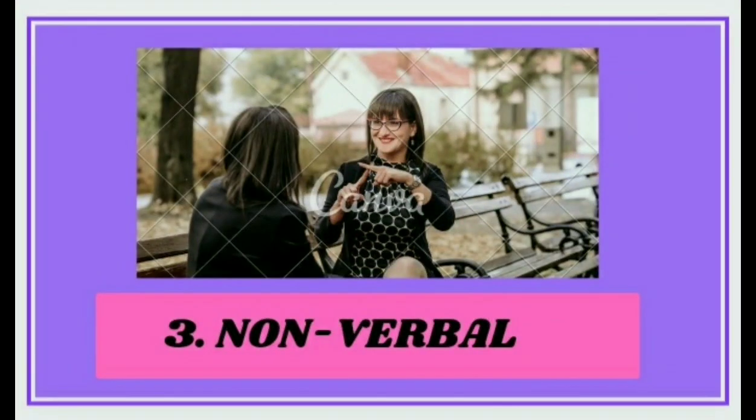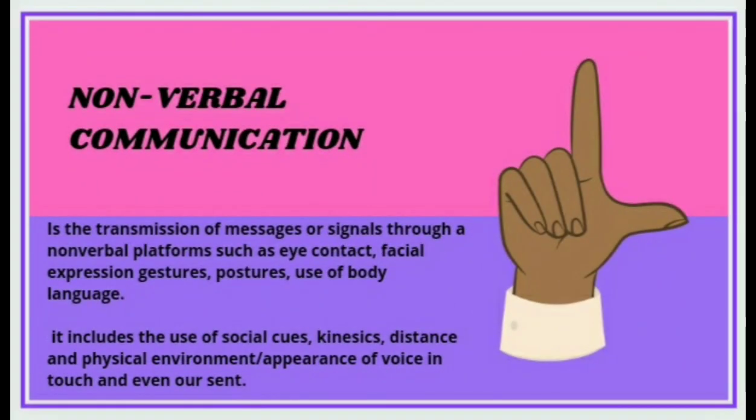Moving on to our third type of communication, that is non-verbal communication. It is the transmission of message or signals through a non-verbal platform such as eye contact, facial expression, gestures, postures, use of body language.